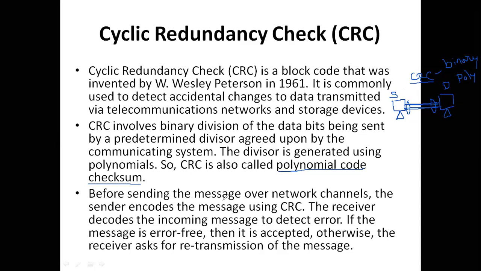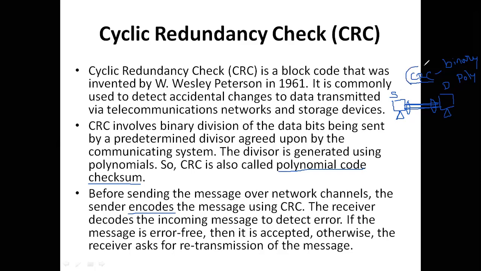Before sending the message over the network channel, the sender encodes the message. First of all, the sender must encode the message at the sender side, and then the sender can send the message to the destination, I mean the receiver. At the receiver side, if the receiver accepts data with any errors, then immediately it can detect it.